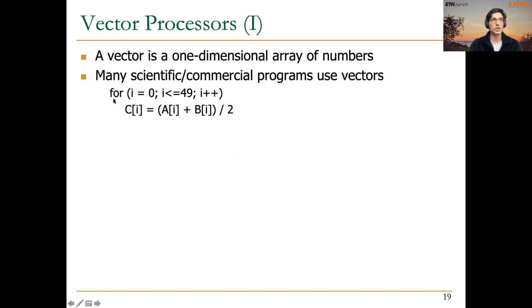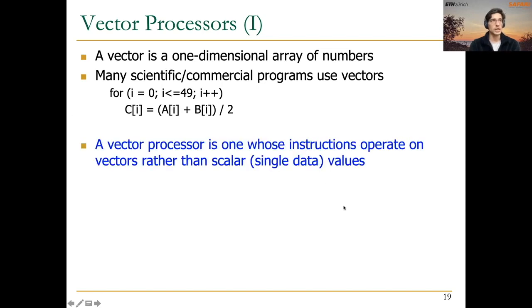But in this case, what we have is a for loop, 50 iterations, and here we are essentially reading 2 elements from memory, elements from arrays A and B, adding them, dividing by 2, and storing the result in the corresponding element of array C.